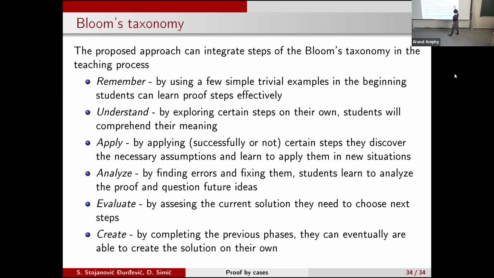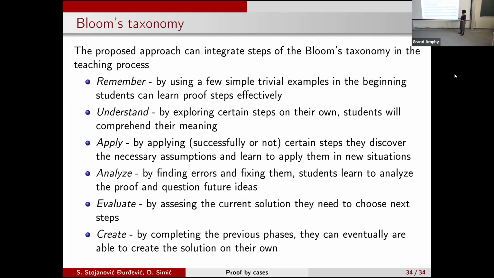Then if they explore a lot of different steps, they will learn to apply the steps that they already learned in new situations. So I think that with trial and error, they will memorize it, learn it. They will learn how to analyze the proof, to find the errors by themselves if it is not formal, but synthetic.